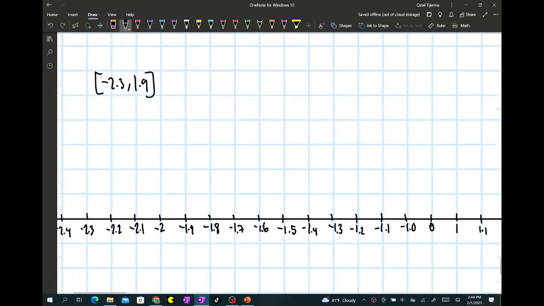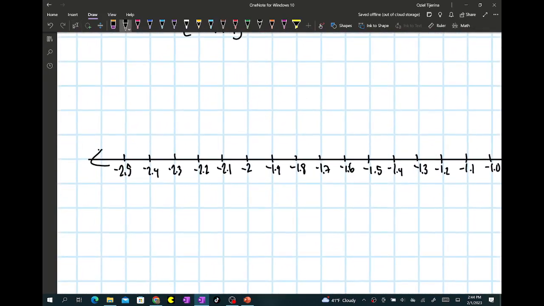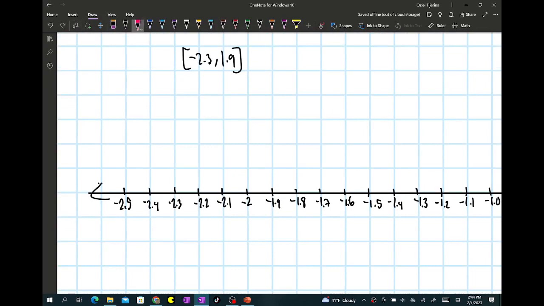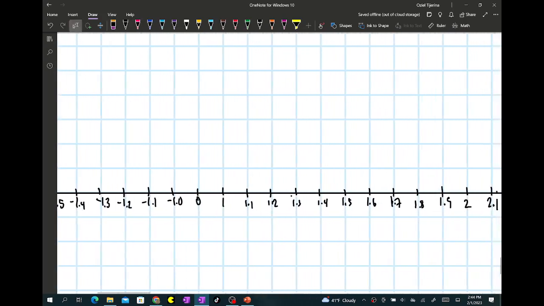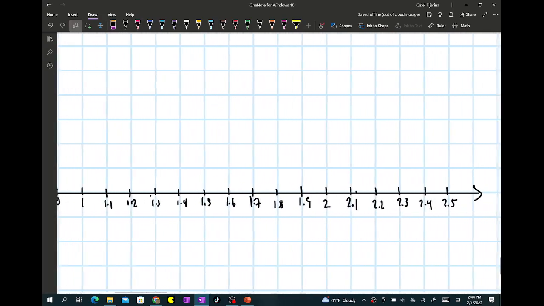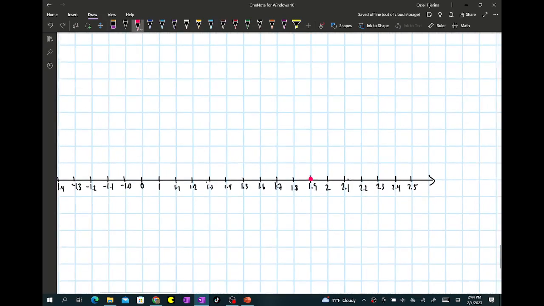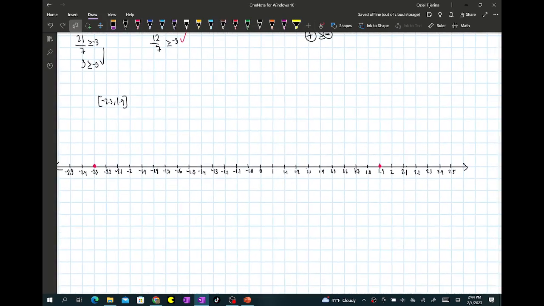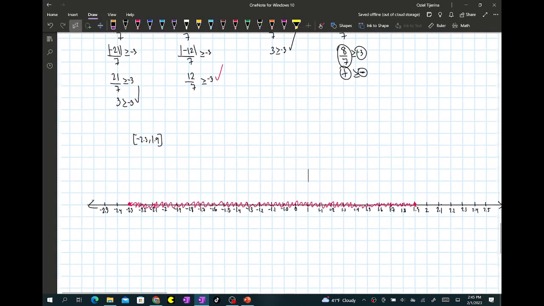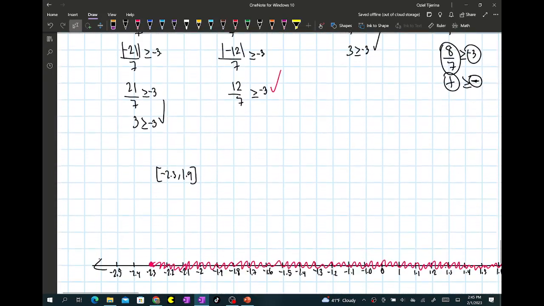So obviously, we're going to put a closed dot at negative 2.3, and we're going to put a closed dot at 1.9, just like over here. And all you have to do is just shade in between those two endpoints. And this is how you would graph it on the real number line, right? So that is how you do this problem, guys, okay?